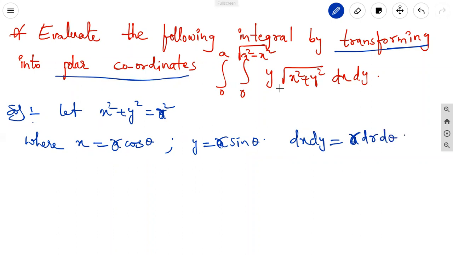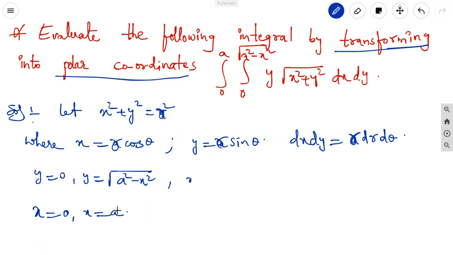Here, from the coordinates, we know the limits are 0 to y and 0 to a. The region of integration is given by y equal to 0 and y equal to under root of a square minus x square, and another one is x equal to 0 and x equal to a.